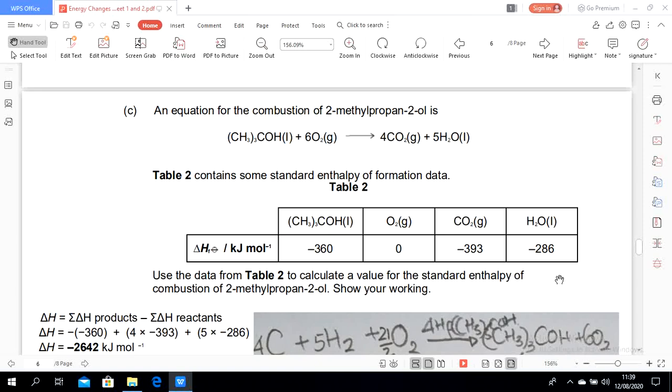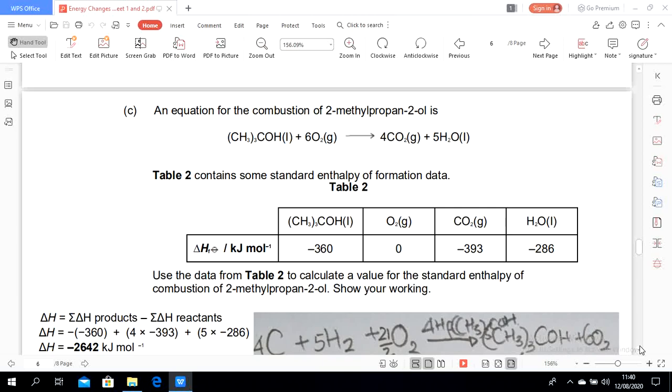We know enthalpy change of formation is the formation of 1 mole of a substance from the constituent elements in standard state. In their own standard state, it means oxygen has to be in gaseous state. Carbon must be in solid state. Hydrogen has to be a molecule in gaseous state.